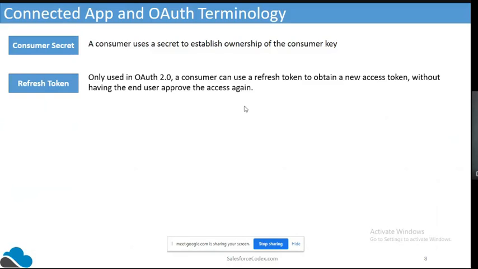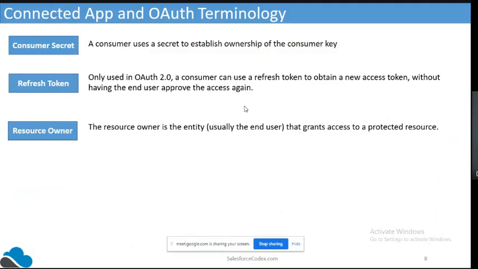But after that, how do we retrieve the data? In that case, the refresh token is used to get a new access token, and with that access token you can call any API. So once the access token has expired, you can use a refresh token.